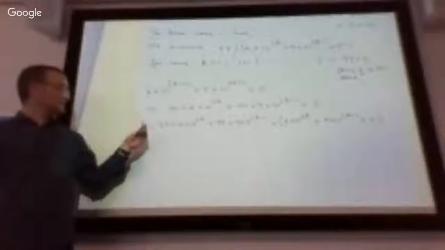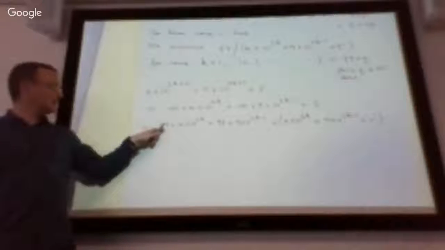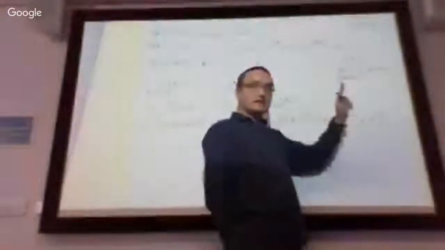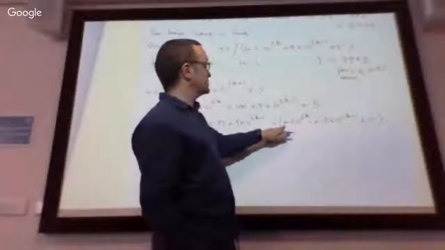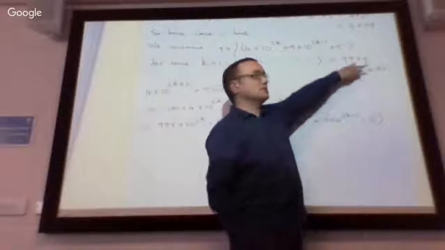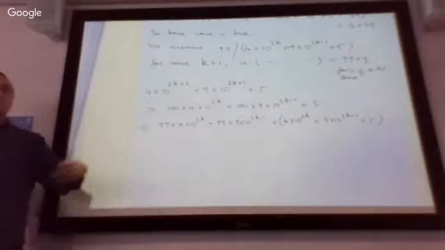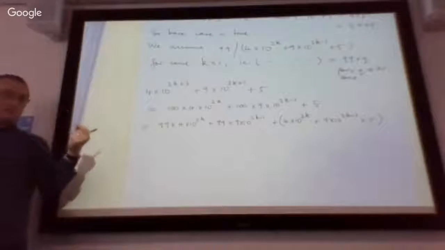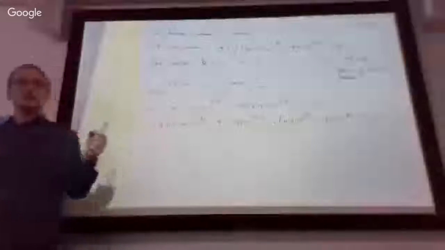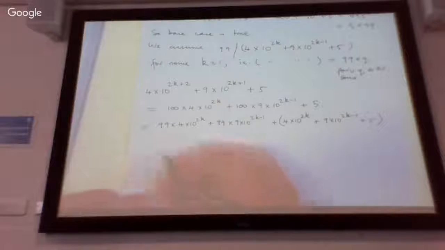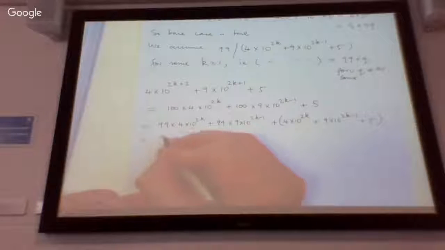It's divisible by 99. It's clearly a multiple of 99. We've got these two 99s sitting. And we already know by the induction assumption that this bracket is a multiple of 99. So we're just adding together a load of multiples of 99. And by property of divisibility, the whole thing is a multiple of 99. In fact, we can explicitly write this out now.